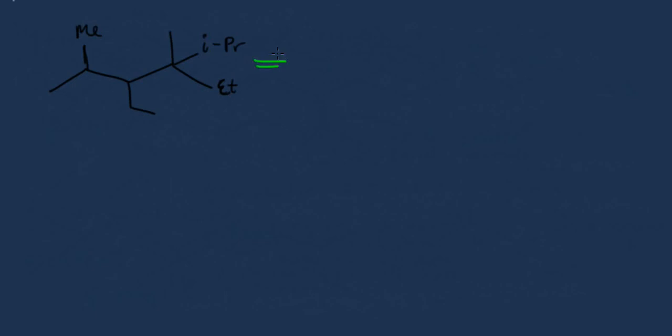So I'm going to do that right now. I'm going to ditch that Me, just draw that line. We have an isopropyl group, just like this, and then an ethyl group. And so we have all of this, which is hardly easier to interpret than what's still left, but let's go ahead and try.